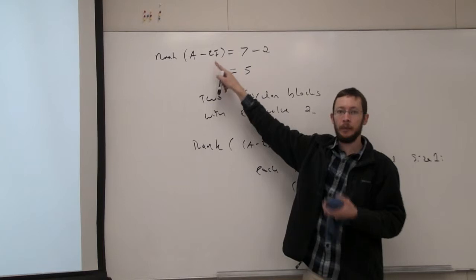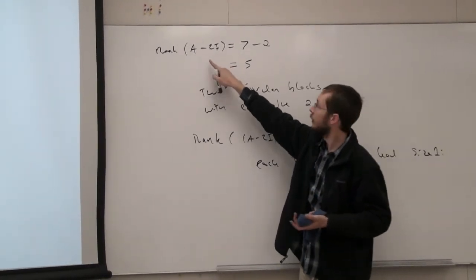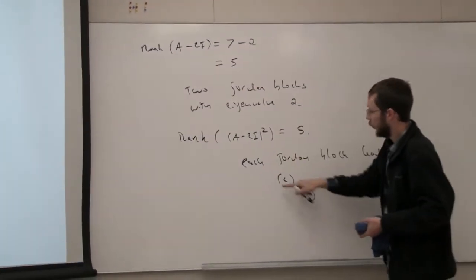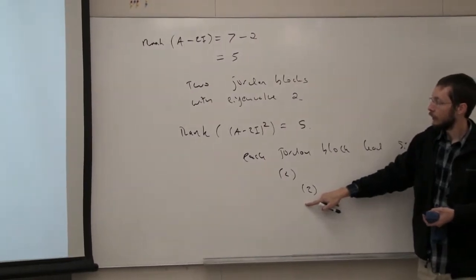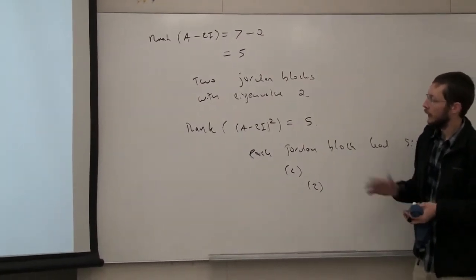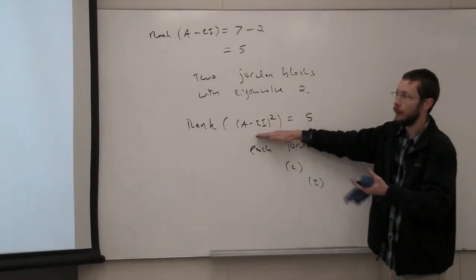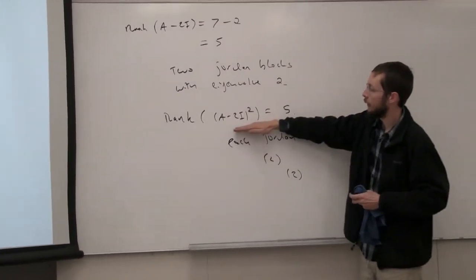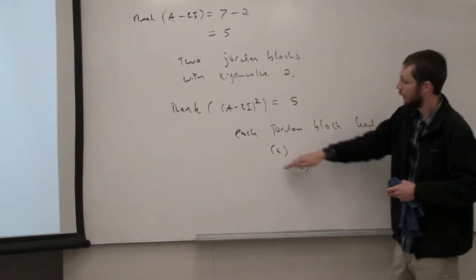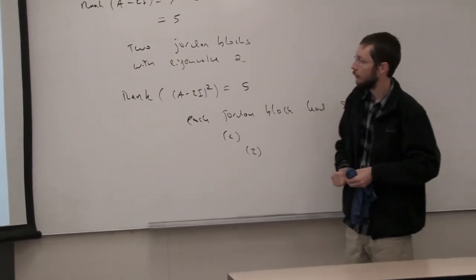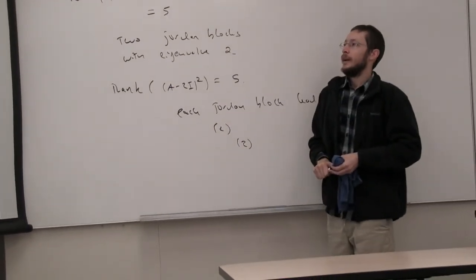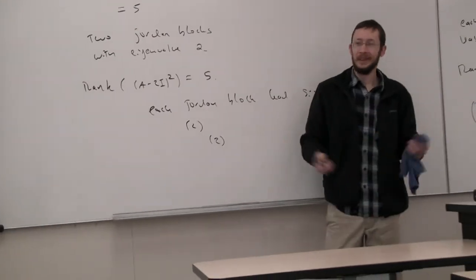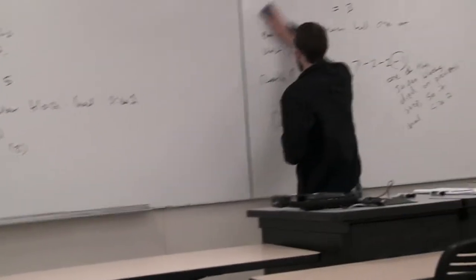And since they have to make up the other 2 dimensions in our matrix, then we see automatically that each one of them has to have size 1. But, assuming that we hadn't noticed that, or that we were doing part of a larger calculation, this is how you determine that each of those Jordan blocks had size 1. And so we have completed the Jordan normal form.